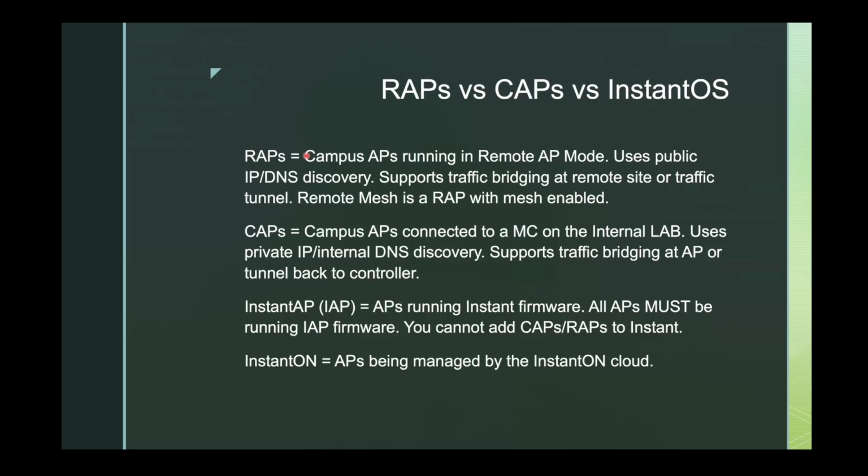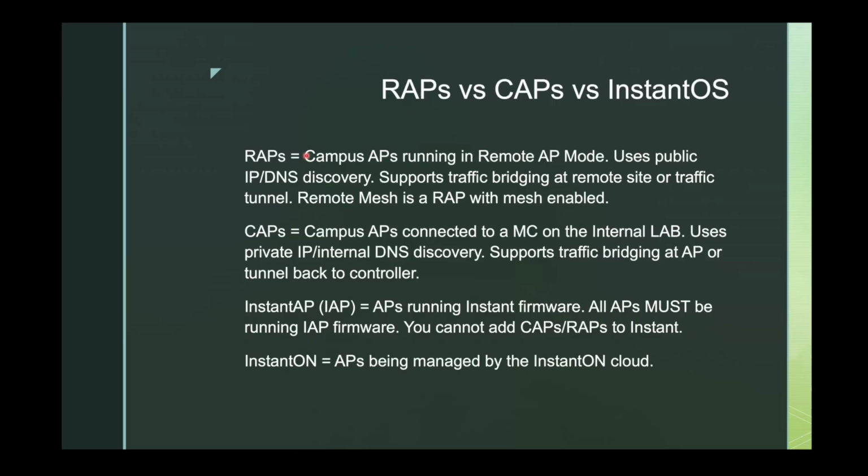So let's say that at your remote site, like an employee's house, you give them a personal SSID that bridges all the traffic to their internet connection as a normal access point or home router would. And then you give them a corporate SSID that tunnels all of the traffic back so they have access to services only available at the main campus.